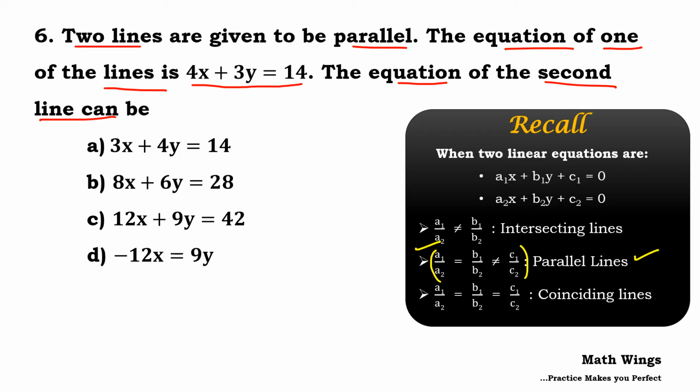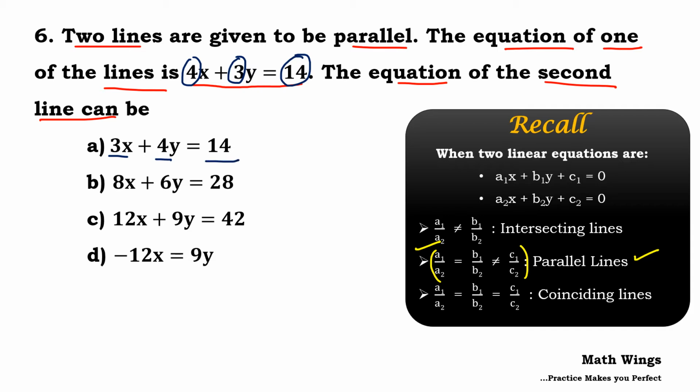So just observe here. What's the first option we have? We can just go with a trial and error method over here. So we have 4 in place of A1, 3 in place of B1 as well as 14 in place of C1. Now if you look at the first option, I have 3, 4 and 14.